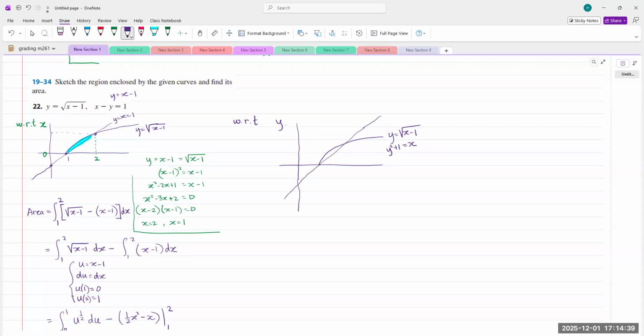This is x minus y equals 1, or we can also write x equals y plus 1. So x equals y plus 1 and also equals y squared plus 1. Do you see that? So cancel the 1, y equals y squared. You will get either y equals 0 or y equals 1. So our domain of integration with respect to y will be between y equals 0 and y equals 1.